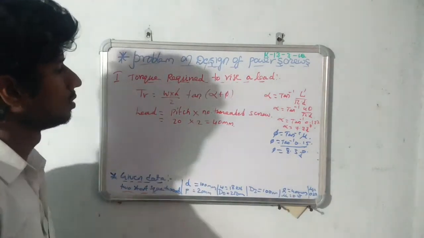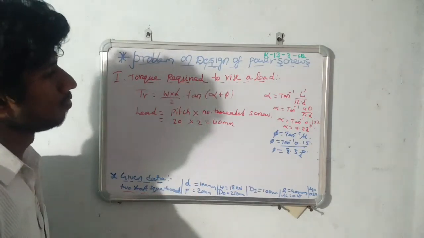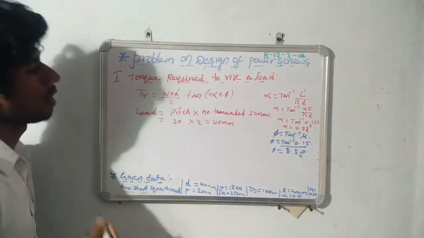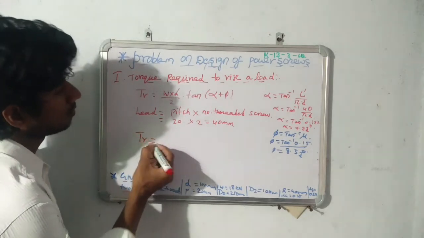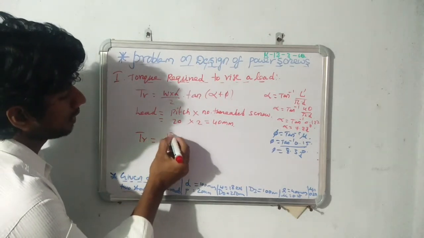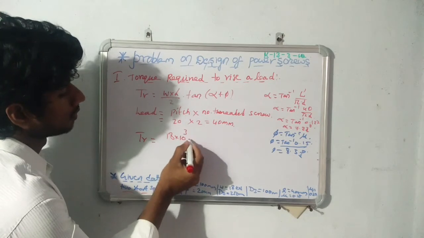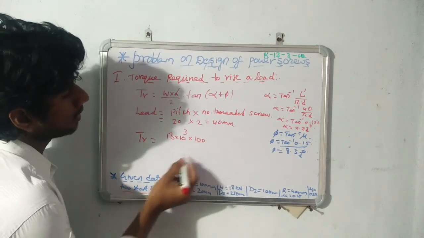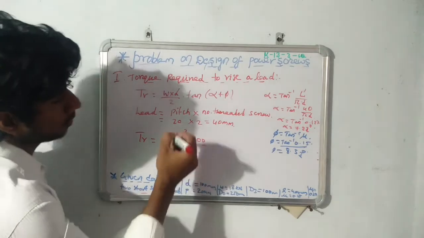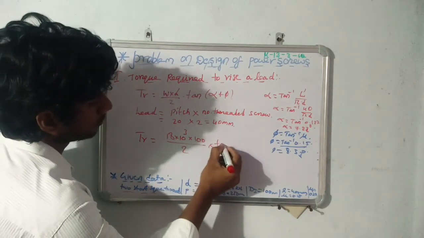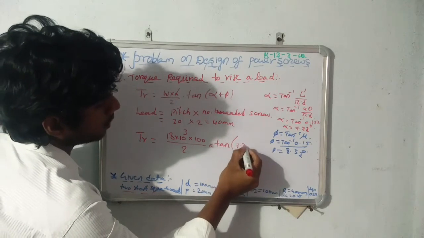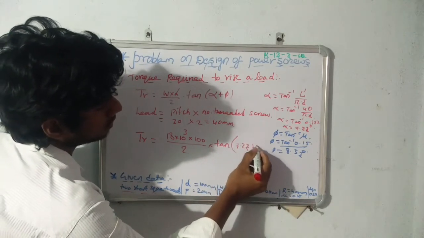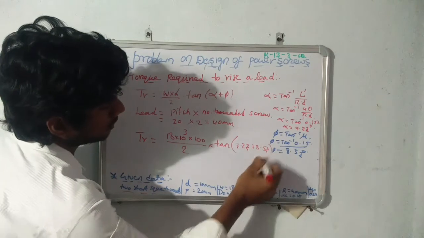Substitute those values in the above equation, and we get the torque required to raise the load. TR equal to, what is W here? 18 into 10 to the power of 3, into d, which is 100 mm, divided by 2, into tan of alpha, which is 7.23, plus 8.53.